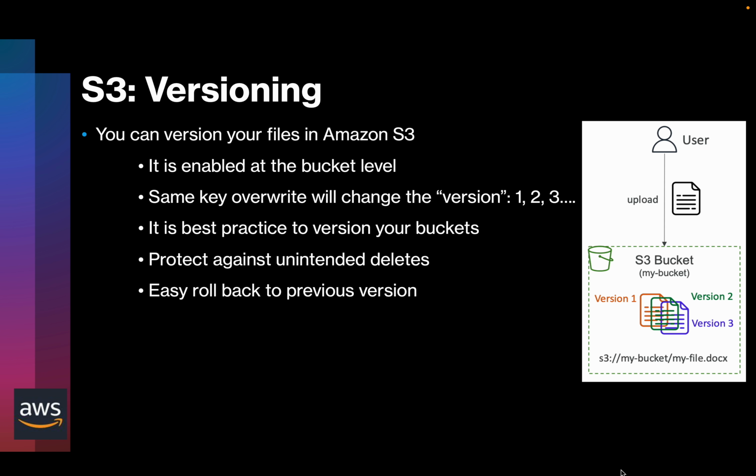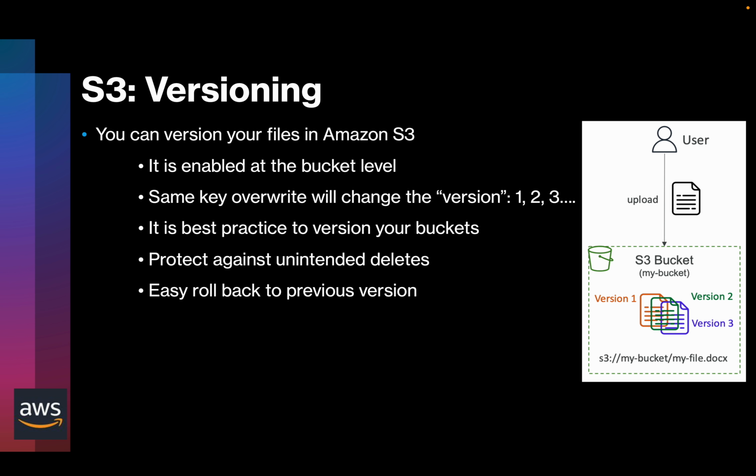Going back to the other slide, we have S3 versioning. Let's say a user uploads a file to S3. Versioning is enabled at the bucket level, and the same key is overwritten with a new version.